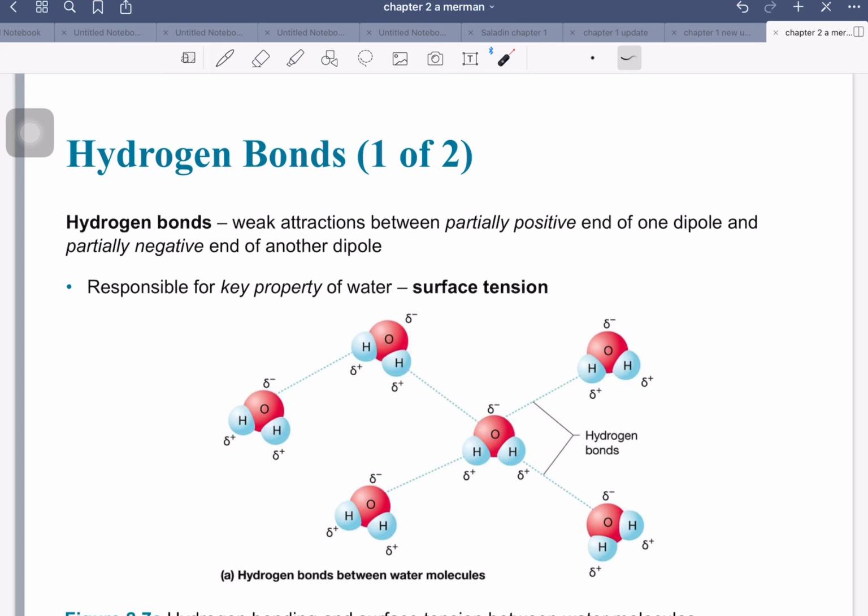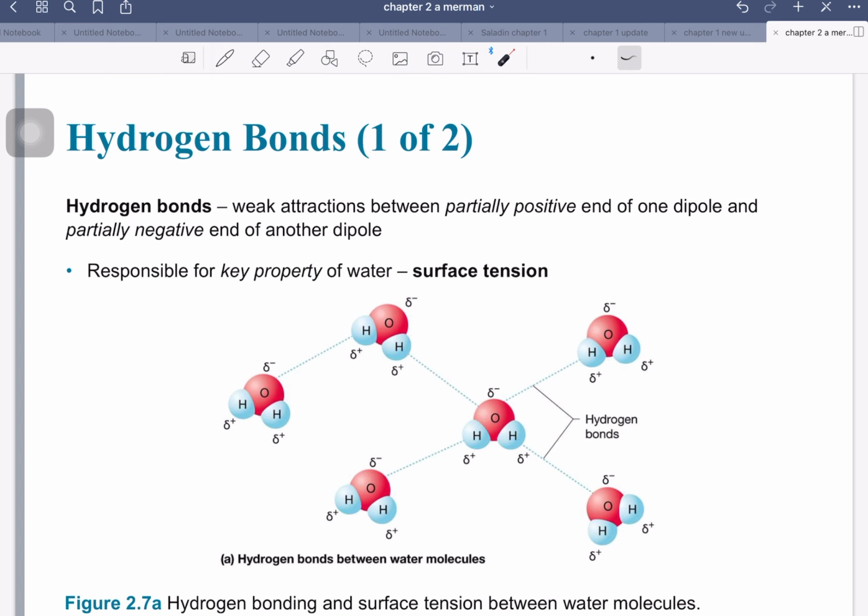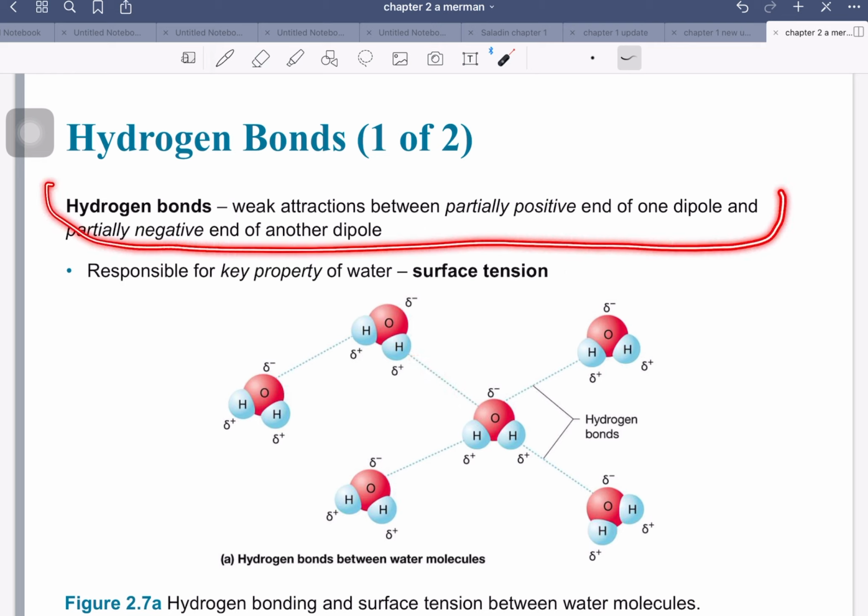Now, this plays an important role because there's another type of bond we can talk about. When this water molecule interacts with this one, of course, the positive and the negative are attracted to each other. And this is the concept of hydrogen bonds.